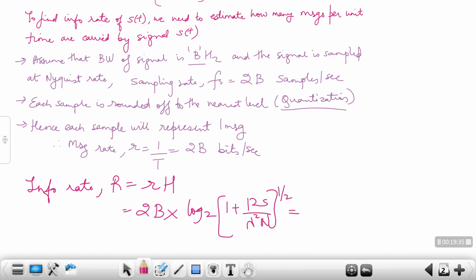This half I can take out of the logarithmic sign, so it becomes 2 into 1 by 2 B log to the base 2 of 1 plus 12S by lambda square N. So this and this would get cancelled.